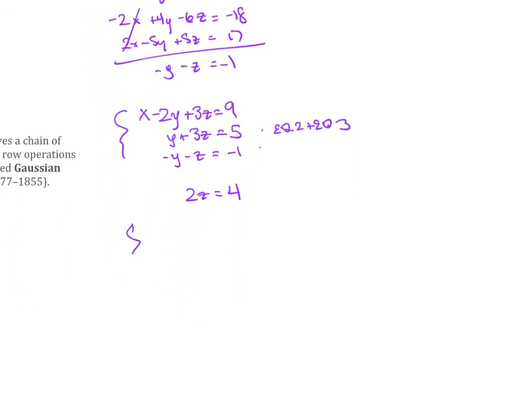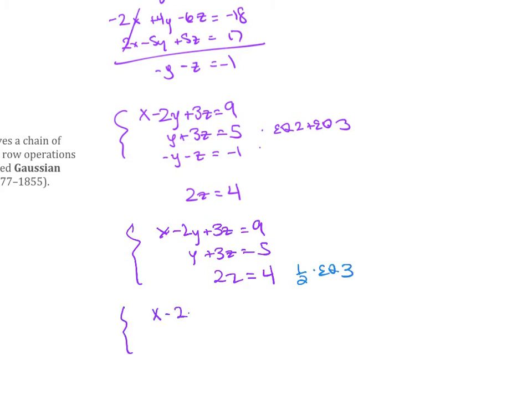So I'll write it as it is: x minus 2y plus 3z equals 9, y plus 3z equals 5, and 2z equals 4. Then we multiply equation 3 by a half, and that'll simplify it further.